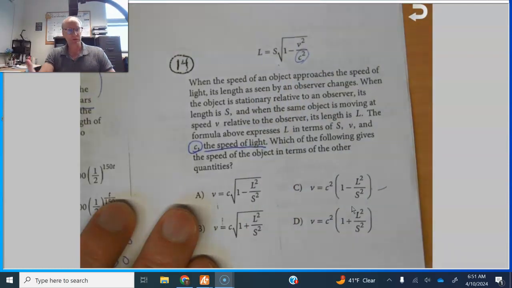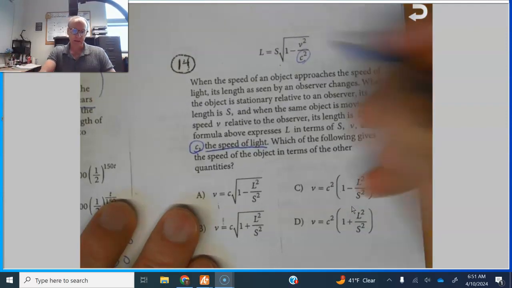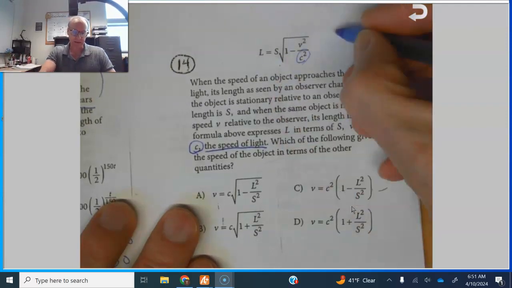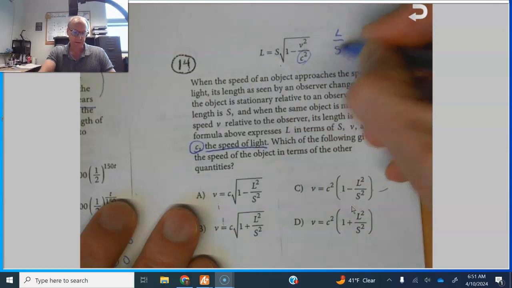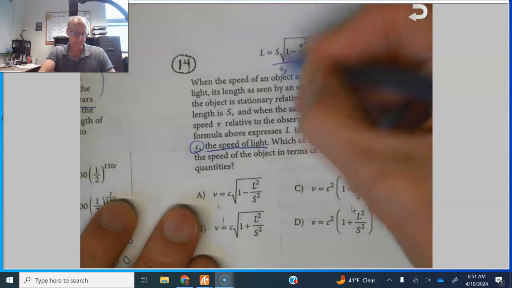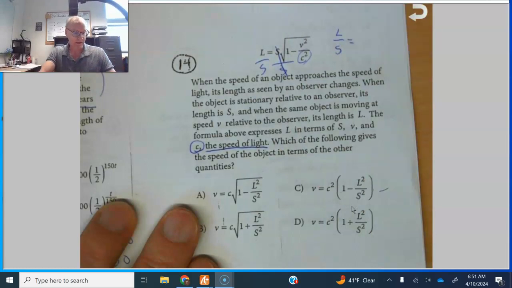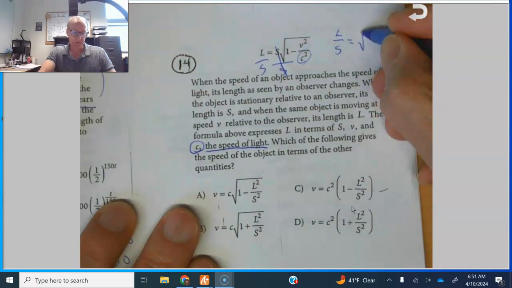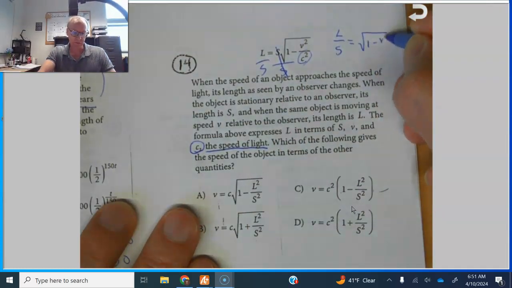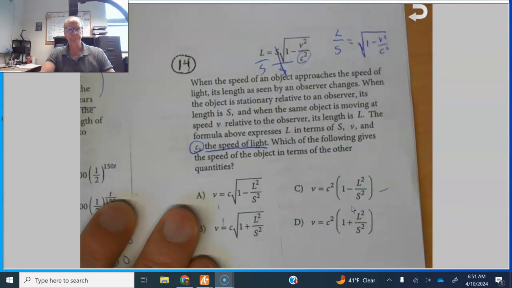The equations always work the same way. You do the opposite in reverse order to both sides. So we divide by S on both sides, and we get L over S is equal to the square root of 1 minus V squared over C squared. That's all I'm doing, and it cancels out that S. This is a long square root.